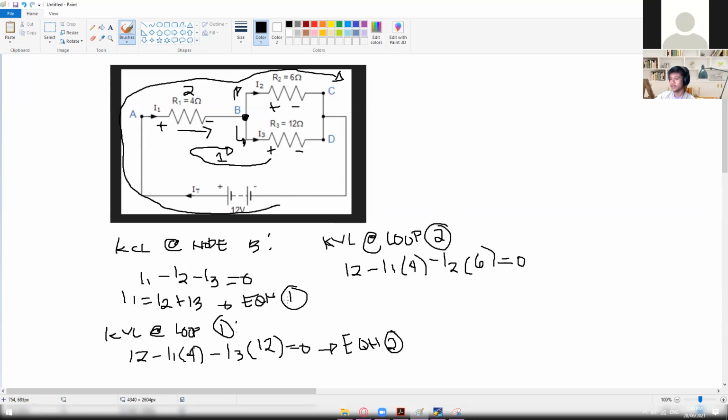So we now have equation number 1, equation number 2, and equation number 3. Did you guys get this one so far? And how did we get equation number 3?